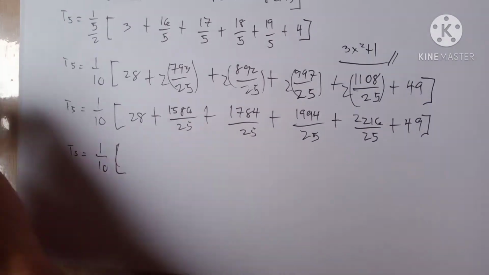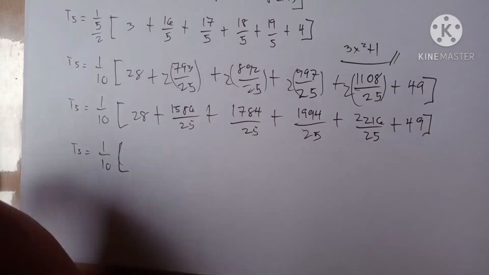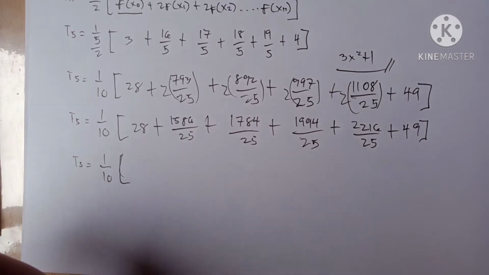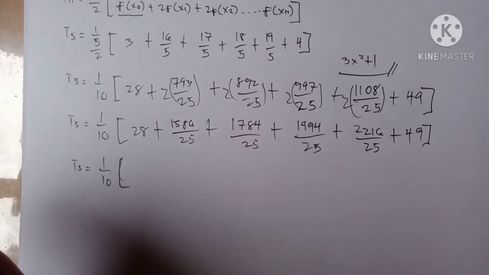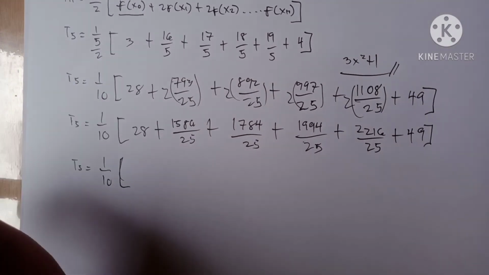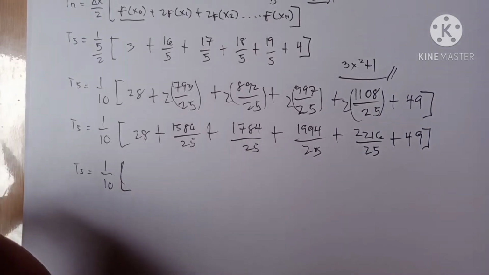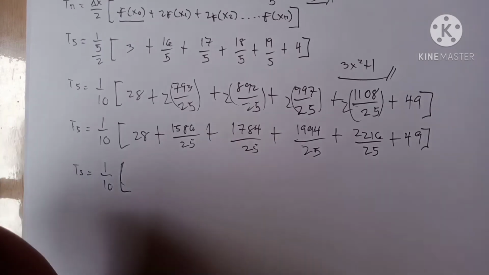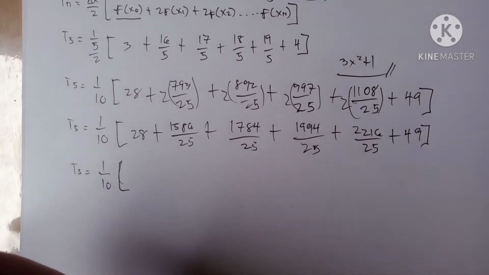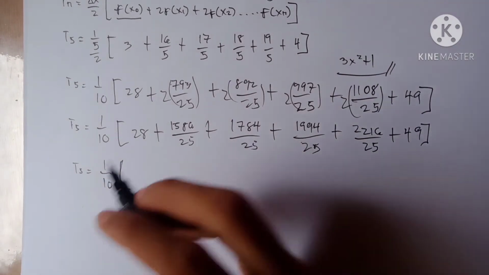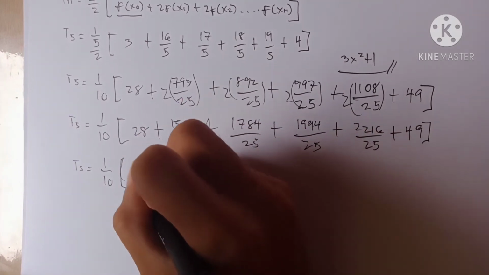We have 1586 over 25 plus 1784 over 25 plus 1994 over 25 plus 2216 over 25 plus 49 equals 1901 all over 5.